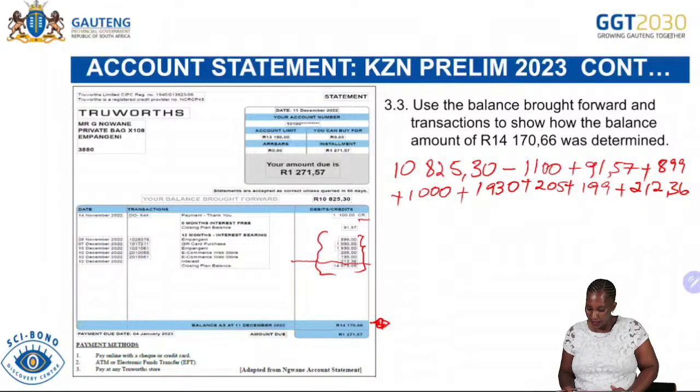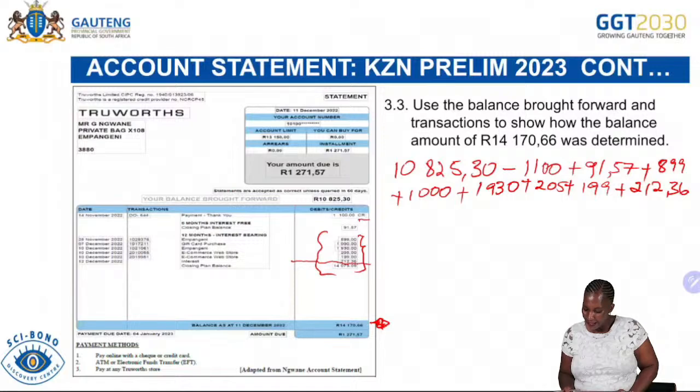He has used 91 rand 57 at Mpangeni, another transaction of 899, another gift card transaction. He bought a gift card for 1,000 rand, and then he spent again 1,930 plus the 205. We are adding all the amounts now because these are the amounts being debited that he has used in his account.